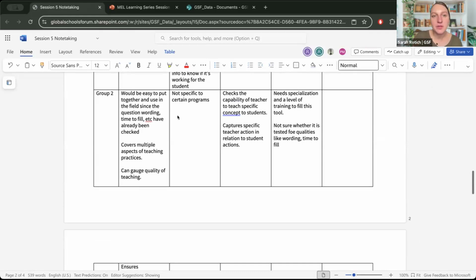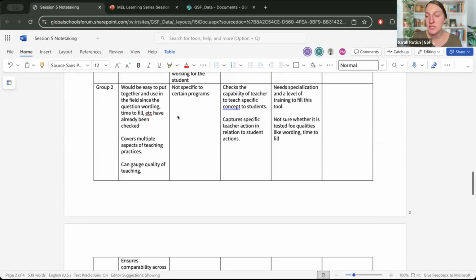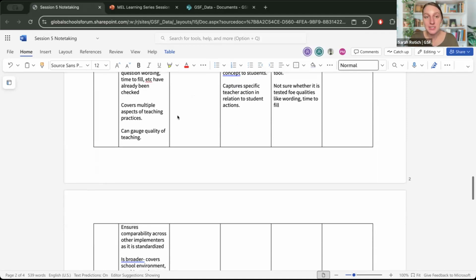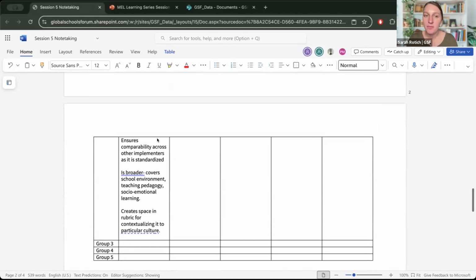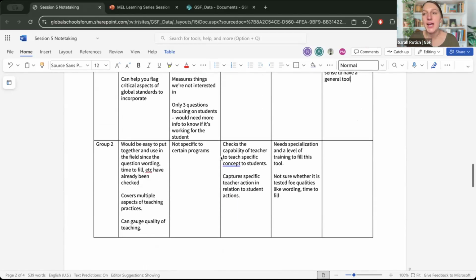So a benefit of something like Teach Primary, this is really similar to what our group talked about too, is it's easy to put together since it's already been developed. It covers multiple aspects of teaching practice and can give you quick insight into the quality of what's happening in the classroom. Yep, it ensures comparability, it's standardized, and gives you something broader than just understanding whether a specific program is being rolled out. But it's not specific to certain programs.